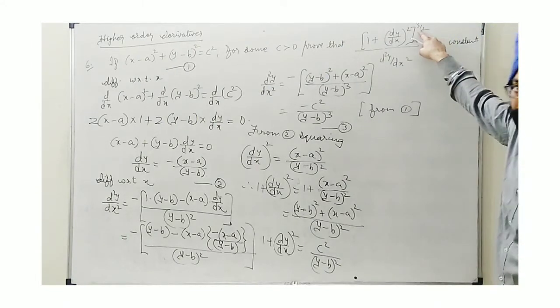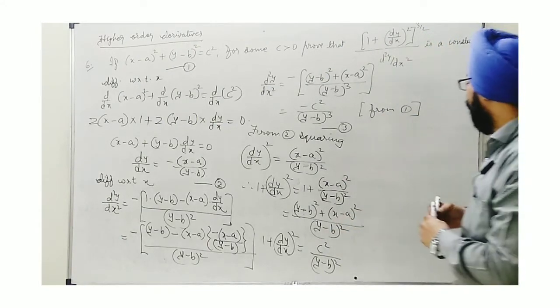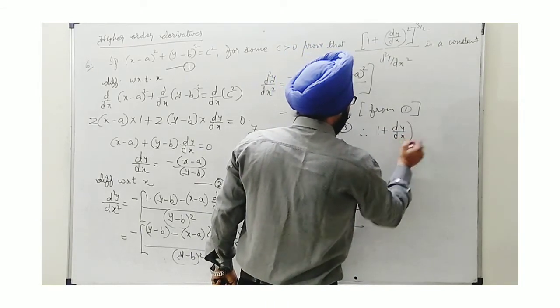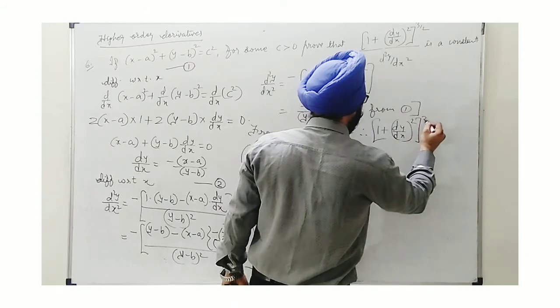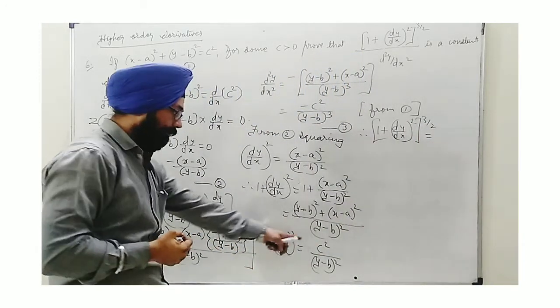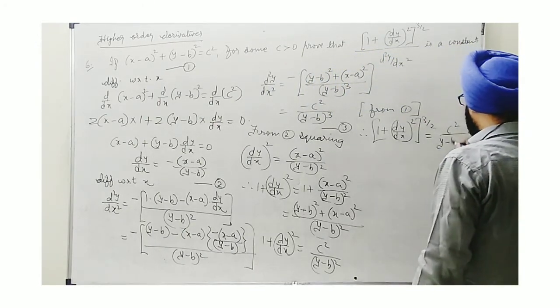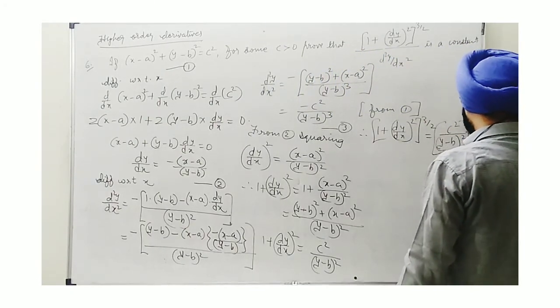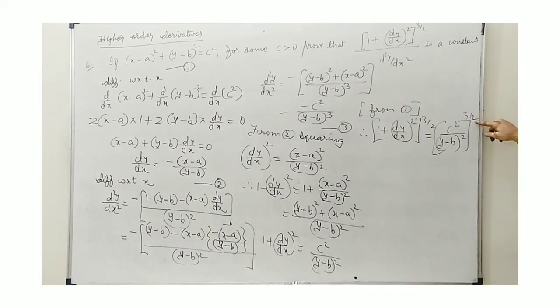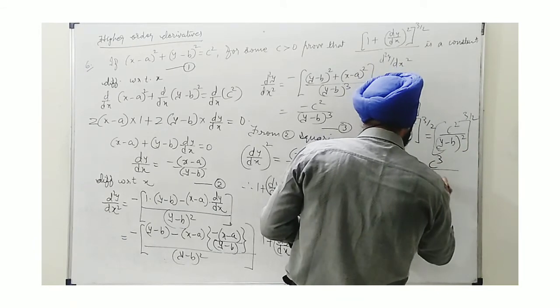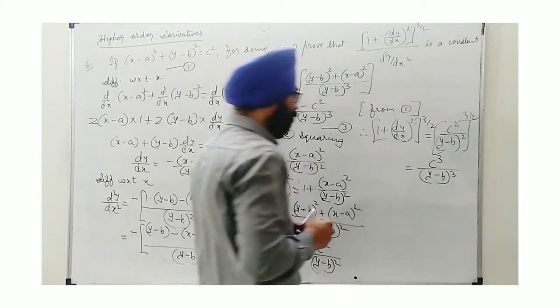We need to take this 3 by 2 as power of it. Therefore (1 plus (dy/dx) whole square) raised to the power 3/2 can be written as 3/2 power of the right hand side also, (c square upon (y minus b) whole square) raised to the power 3/2. Now obviously 3 by 2 when separated in numerator and denominator, these both powers of 2 will be cancelled out, and finally we have c cube divided by (y minus b) cube.